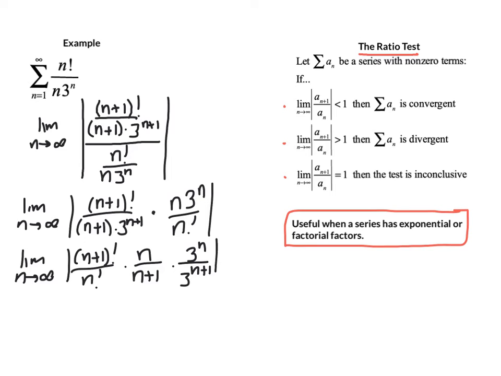So these are the three typical things that you're going to see when you're running a ratio test. Now in the case of factorials, when you take a ratio of factorials, lots of stuff is going to cancel usually. And if I have n plus 1 factorial divided by n factorial, the n factorial cancels and all I'm left with is n plus 1.